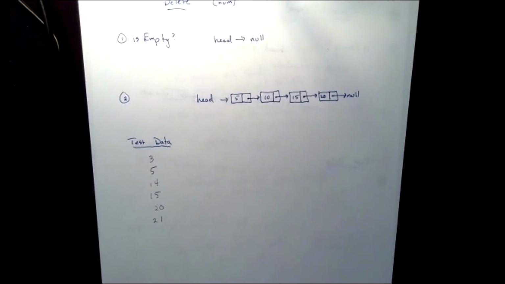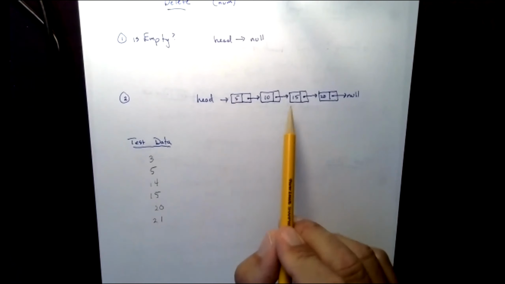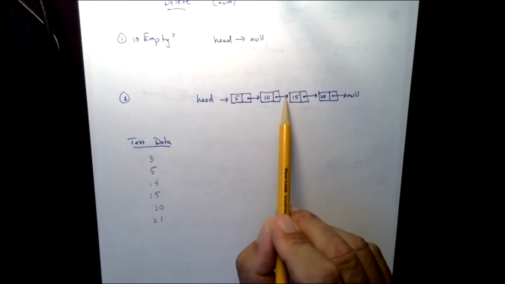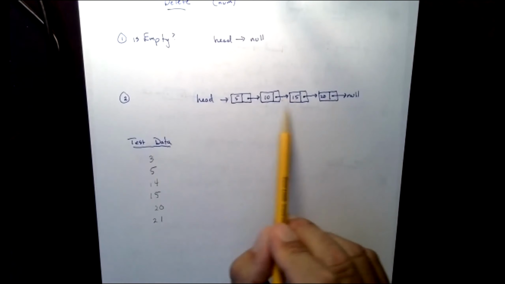So when you're creating an algorithm, it's best to keep all of this test data in mind so that when you're writing the code, you make sure you cover all your bases. I went in the beginning, I deleted the first node. I went in the middle with the 14, so I know I can stop if I get to that point. I deleted the 15, which is one in the middle.